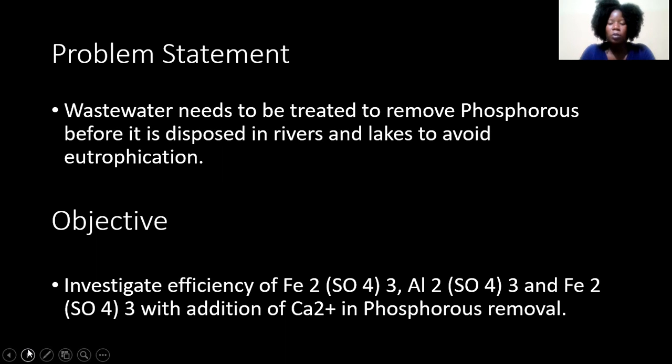So wastewater has to be treated before it is disposed into rivers and lakes, because phosphorus presents some problems when it's present in open waters. The first problem is that it encourages eutrophication.